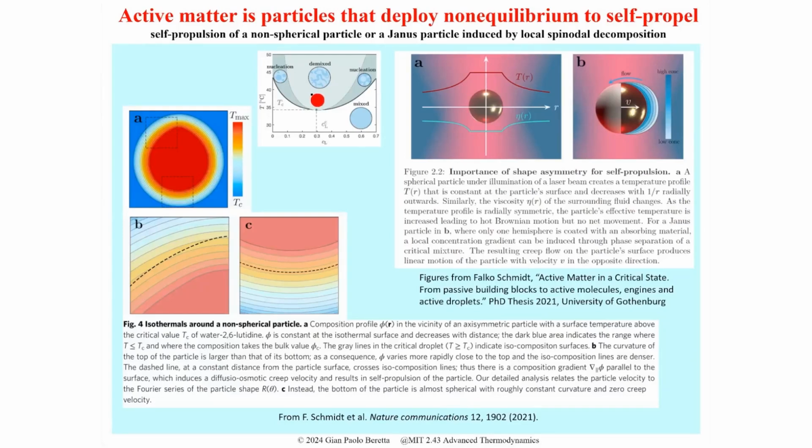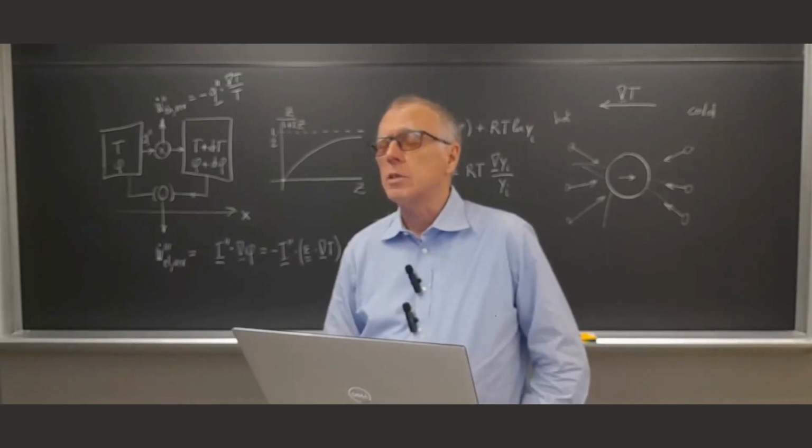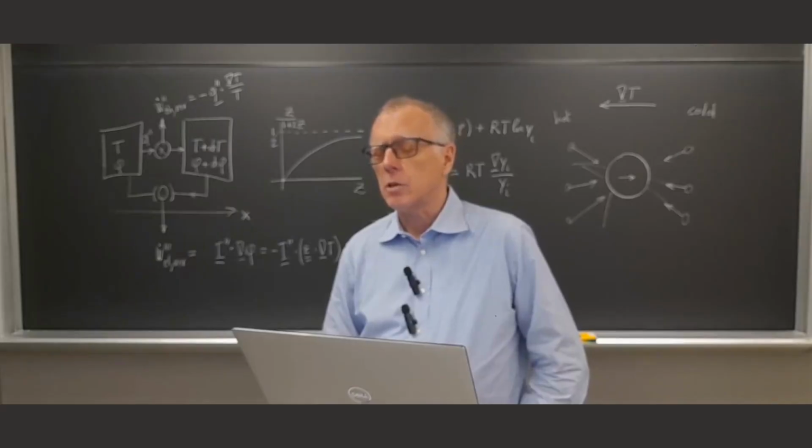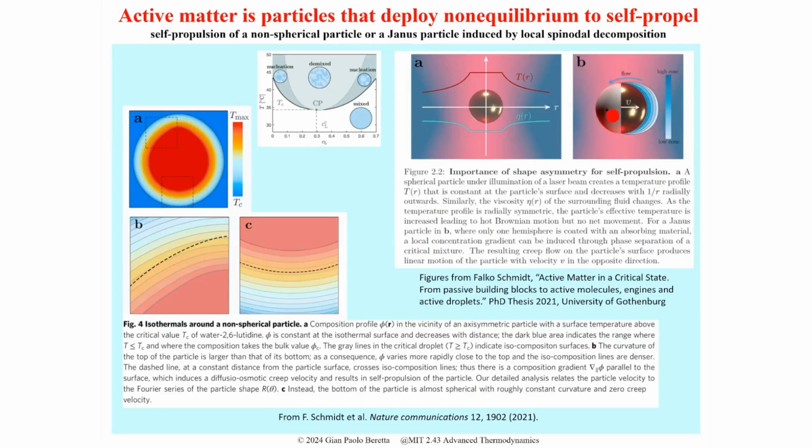unstable region. And the unstable region creates, let's say, free energy, and that free energy, if properly directed, can be used to propel the particles in two ways. You need asymmetries.